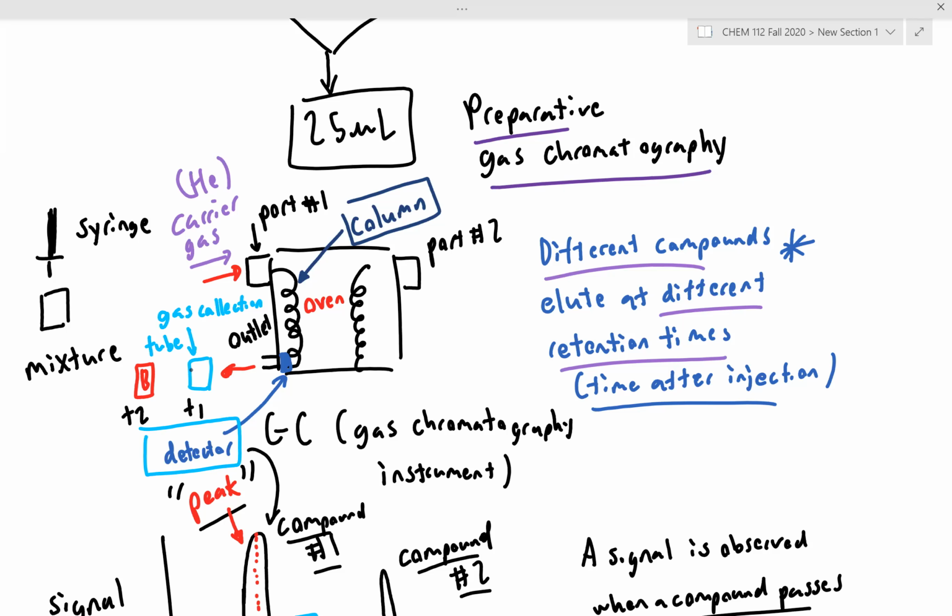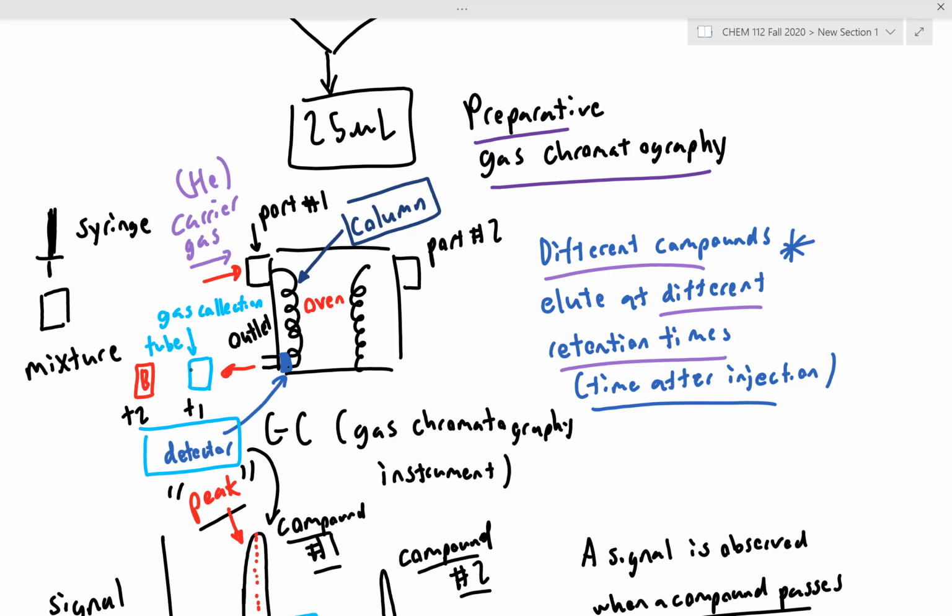As a result, different compounds will elute or leave the column at different retention times after injection. As a result, as we detect compounds exiting the column, we can collect fractions and we can collect each of our mixture components as they exit the column.